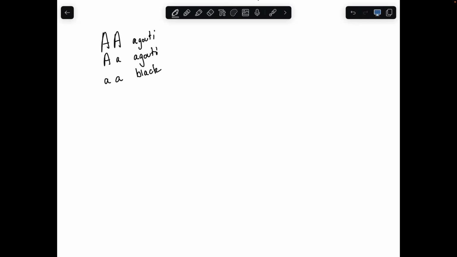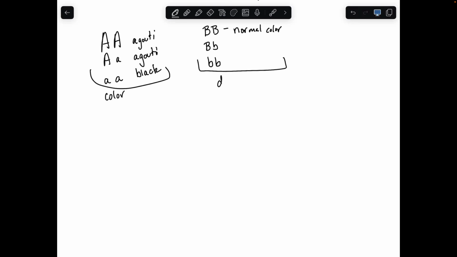But then on this other slide, they talked about this gene called B. And so B also has a classic Mendelian inheritance pattern. And so big B is normal color. So B actually controls the deposition of the pigment in the hairs, where A controls the color, B controls depositing the color.